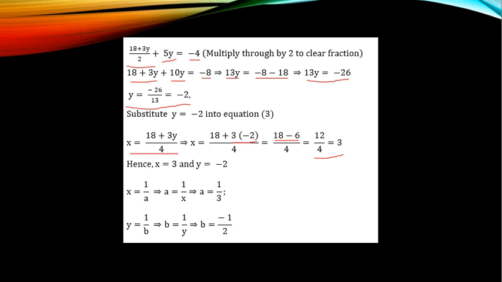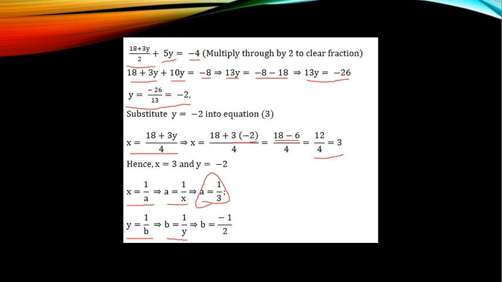So you recall that s is equal to 1 over a. If you make a the subject, a is equal to 1 over s, and s is 3. So a is equal to 1 over 3. You also recall that y is equal to 1 over b. If you make b the subject, the initial variable in the original equation, b is equal to 1 over y.